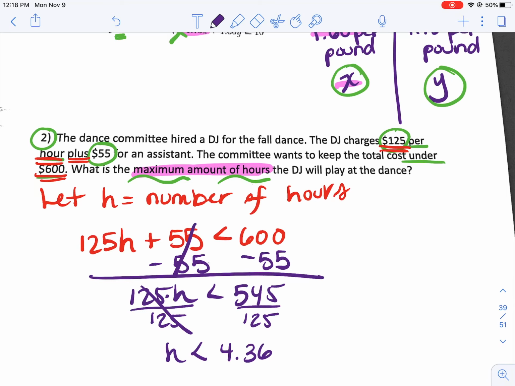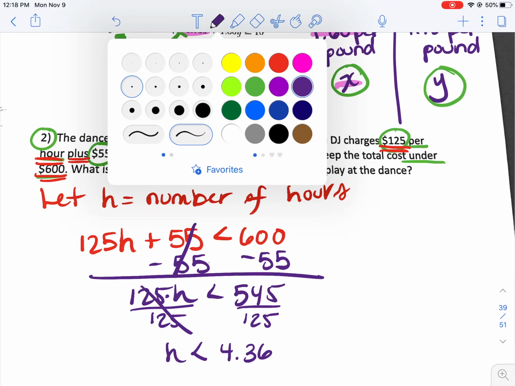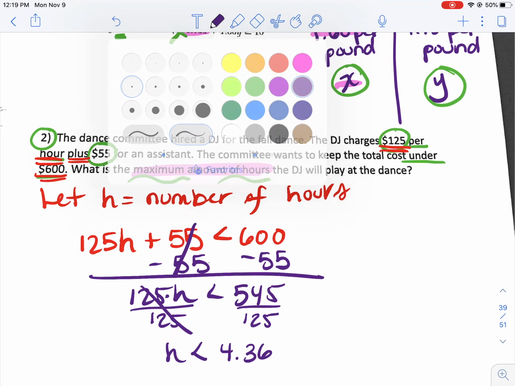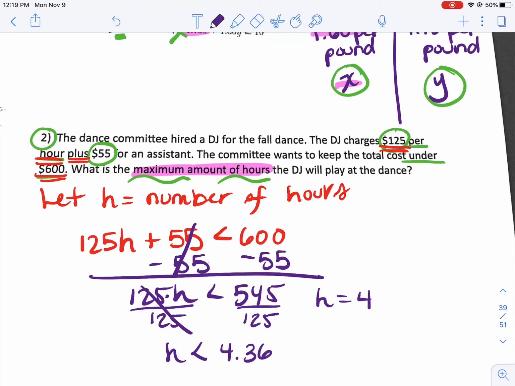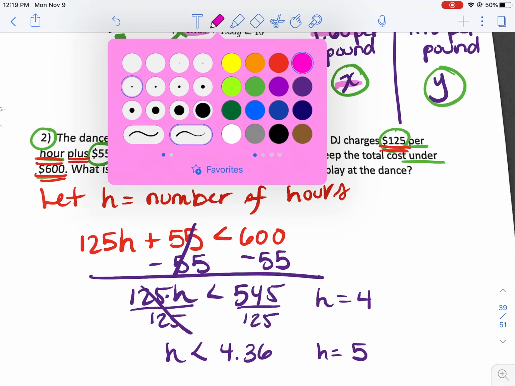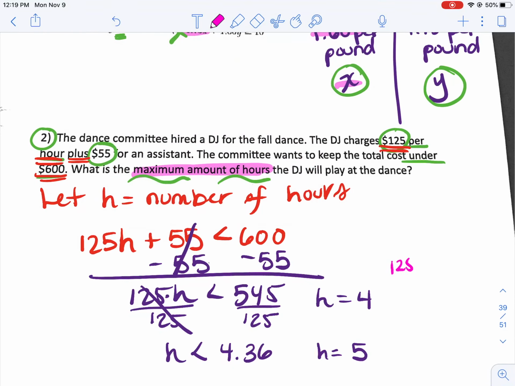So we have to be careful here. Do we want to round up or round down? If we say H is 4, or we say H is 5. So if I think about it, if I do 125 times 4 plus 55, I'm going to just put that in my calculator. That would be 555.